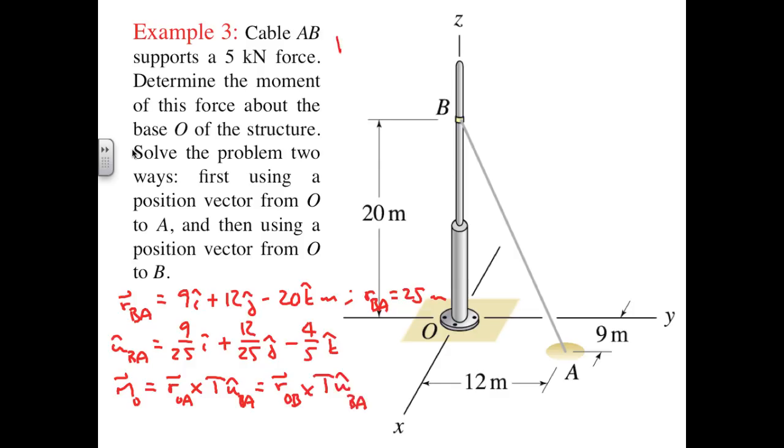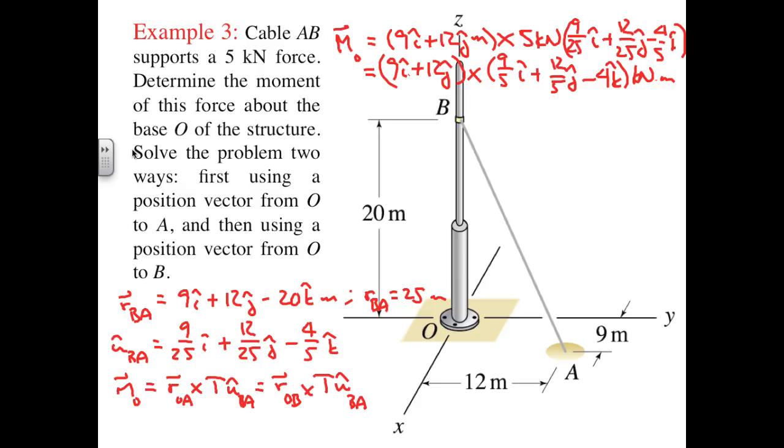Using the first calculation, we have the moment about O is equal to 9I plus 12J meters crossed into 5 kilonewtons on UBA.